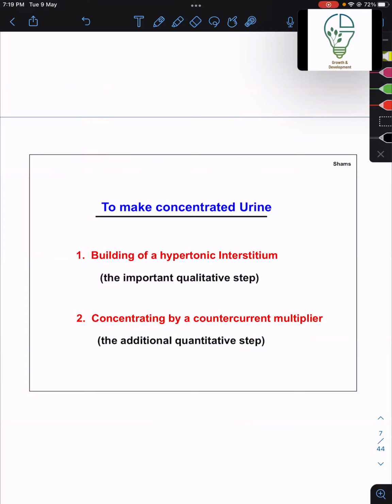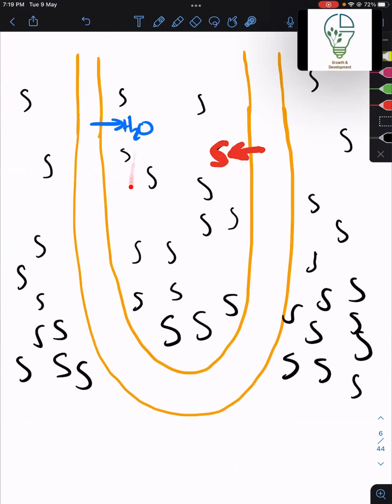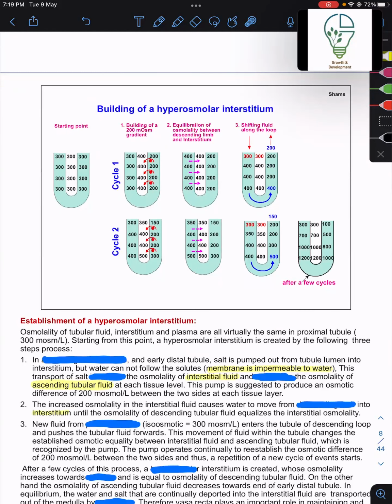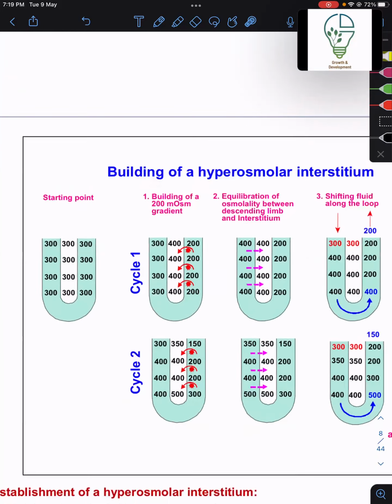Basically, the first step is that we have to make the outside interstitium, this area right here, hypertonic. We have to make it really concentrated in solutes. The second step is that we have to make sure there's a gradient: the bottom is very high in solutes and the top is comparatively lower in concentration. So two things we have to do: make the interstitium hypertonic, and make a concentration gradient that increases as we go down. Okay, good. Now I'm going to explain what I just said in words using this diagram.